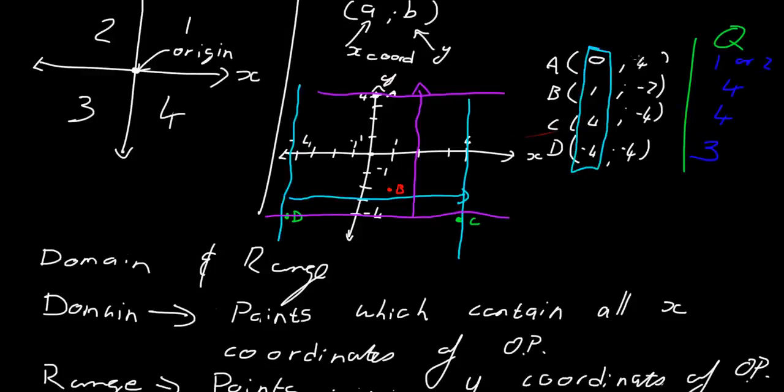And for the range, we write out all of our y points, in ascending order. So the domain of this set of ordered pairs, we use curly brackets.